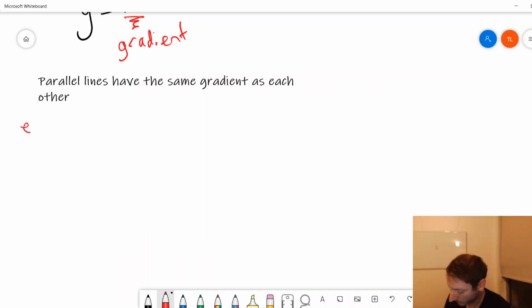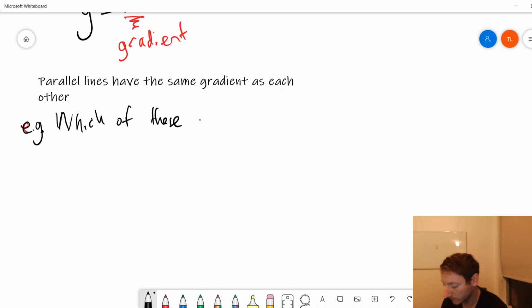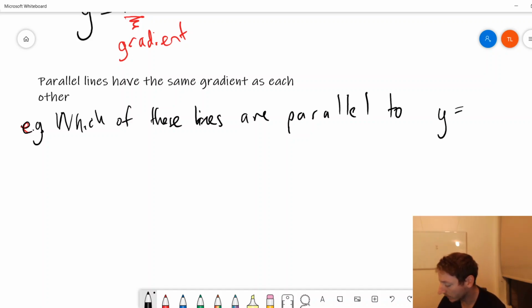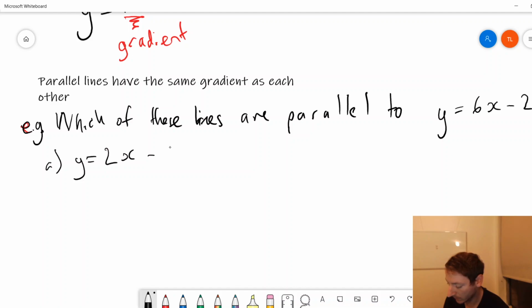Time for an example. So let's use black. Let's say, which of these lines are parallel to y equals 6x minus 2. Just give us maybe 3-4 lines. So let's say the first one, y equals 2x minus 6.